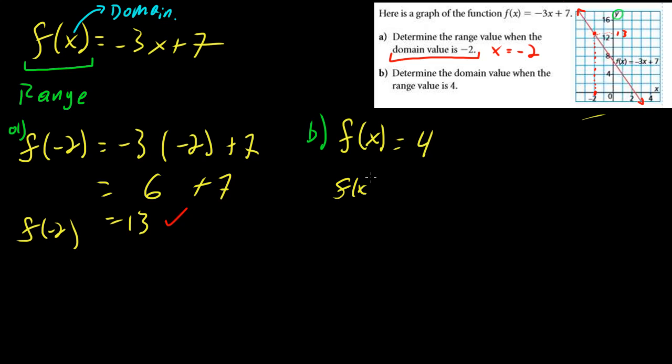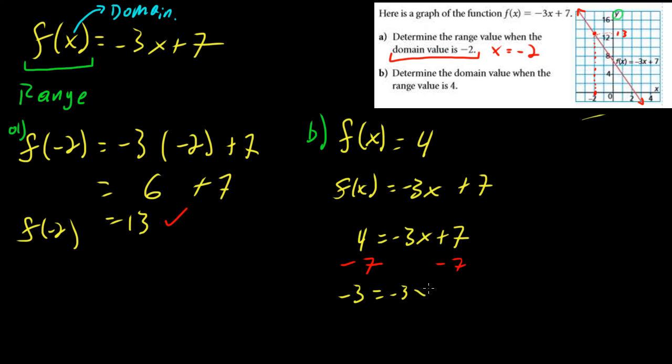We can follow the equation of the line, negative 3x plus 7, and set these two things equal to each other since they're both f of x. Negative 3x plus 7 equals 4. Use our grade 9 techniques, minus 7, negative 3 equals negative 3x, and we get 1 is equal to x.